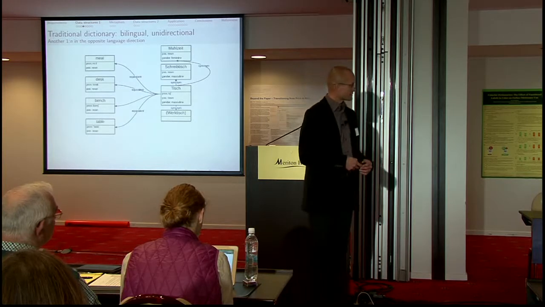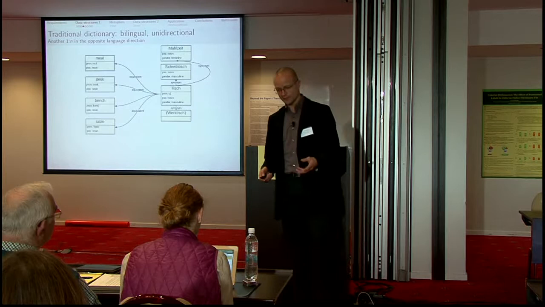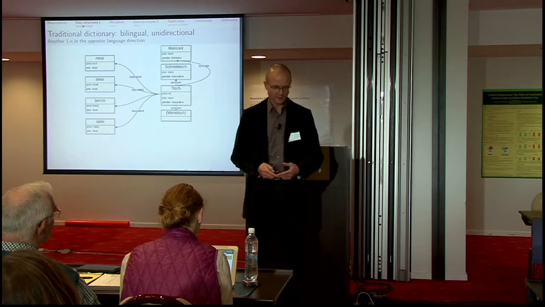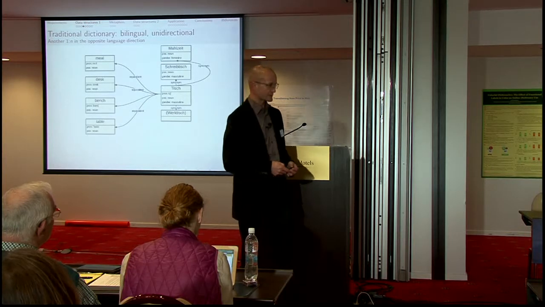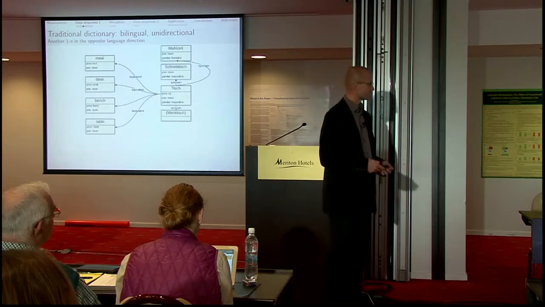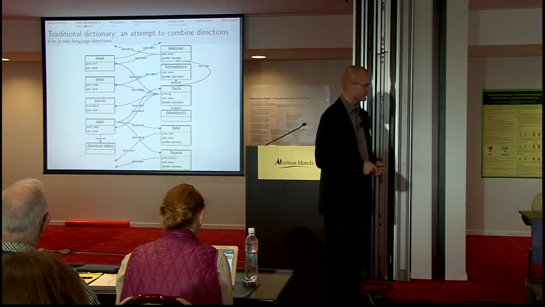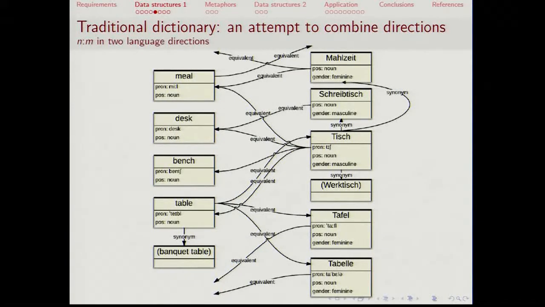If we now think of the project at hand, that we need both language directions at the same time, and they should be compiled with as few resources as possible, and they should be consistent with each other, then we could try to put them together in the same picture. And now this picture gets complicated. And this is expectable. Language is complicated.